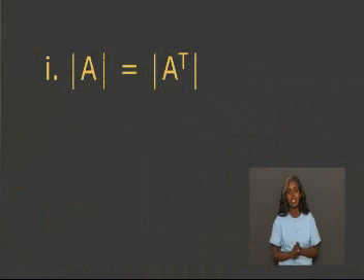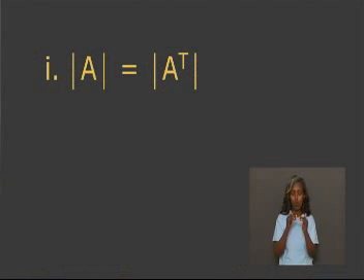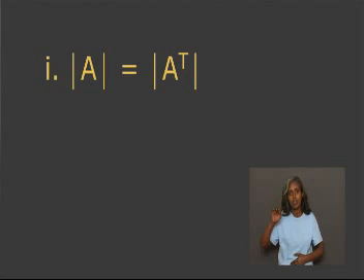Remember that any time we talk about rows, we are also talking about columns. Are you ready? The determinant of a matrix is equal to the determinant of its transpose. This means that it does not matter if you transpose a square matrix. The determinant will be the same in any case.